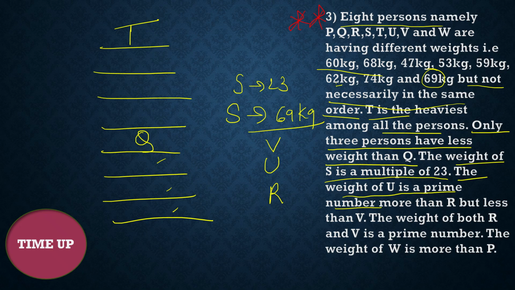Next, the weight of both R and V is a prime number. Next, the weight of W is more than P. Okay.